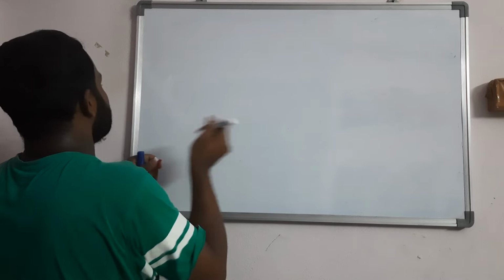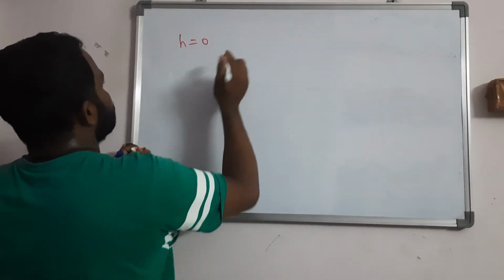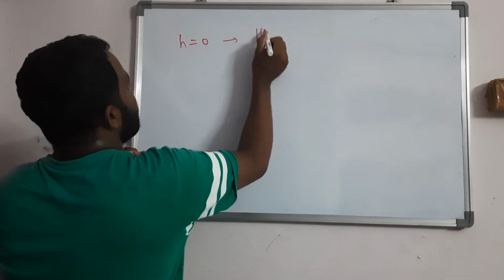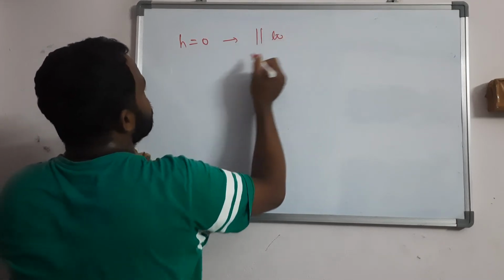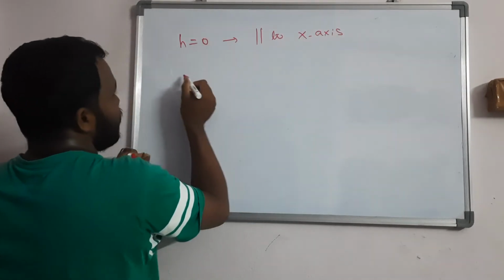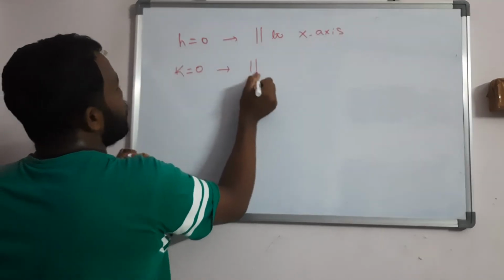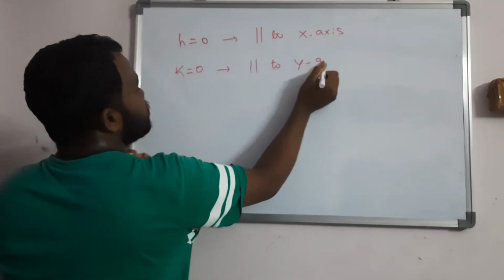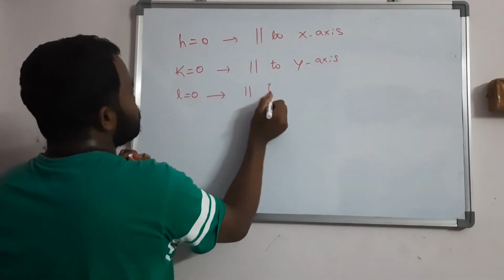If h is equal to 0, that means the plane is parallel to the x axis. I am talking especially about the hkl value. K is equal to 0, that is parallel to the y axis. L is equal to 0, parallel to the z axis.